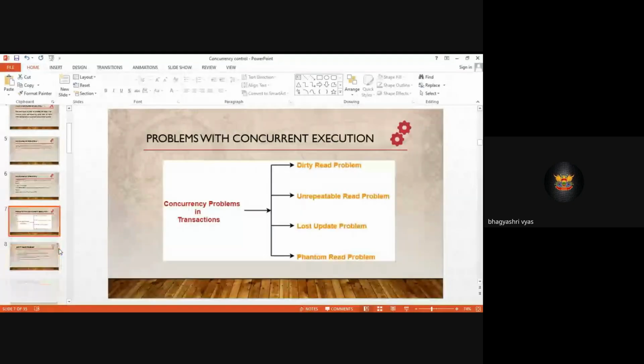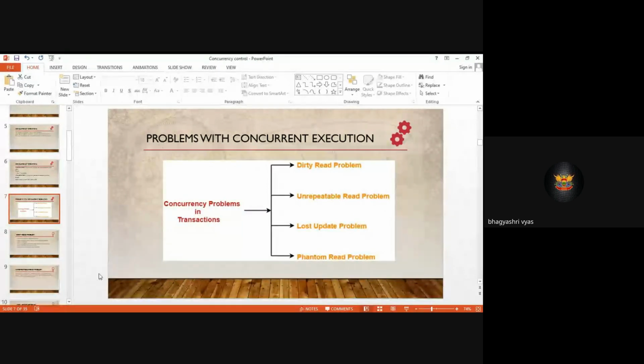Is this visible to everyone? Yes. So here we will talk about the dirty read problems. Have you heard about this dirty read problem?